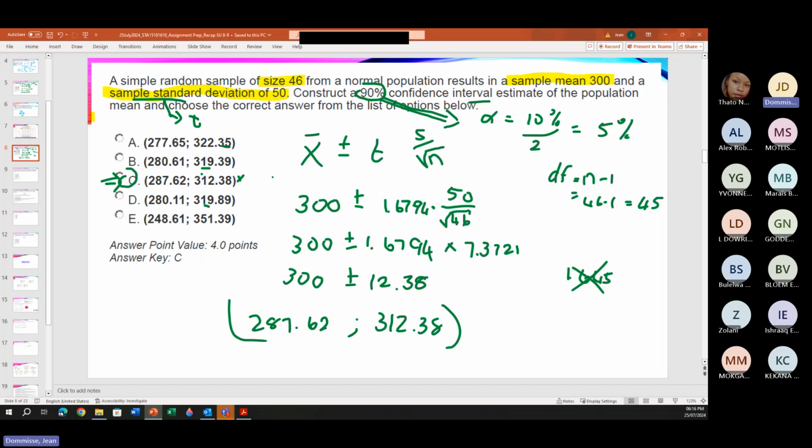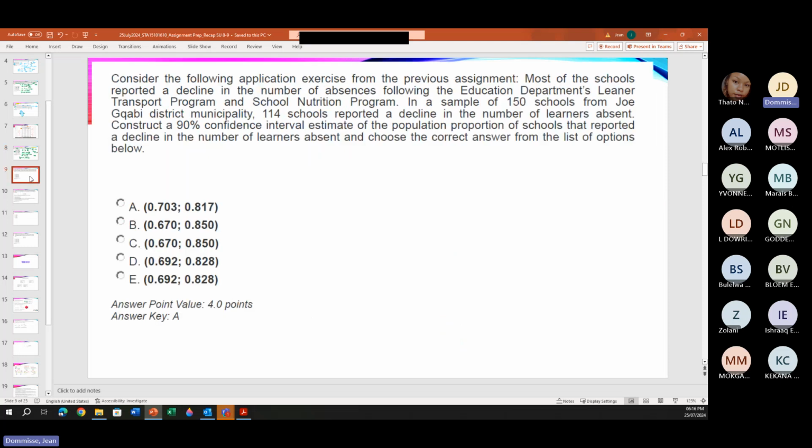Okay, so we've done one where the population standard deviation was known, and one where it was unknown. The next one should be proportion. So let's write that down.